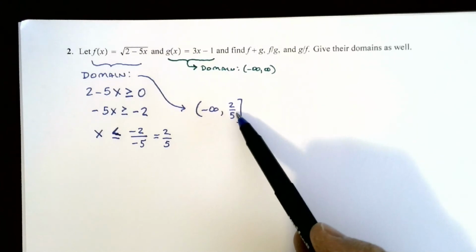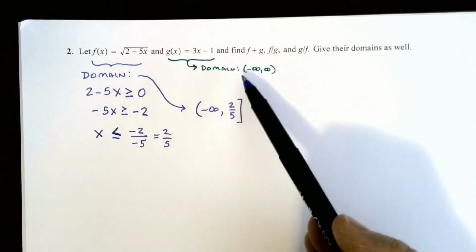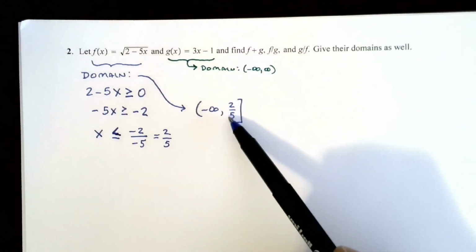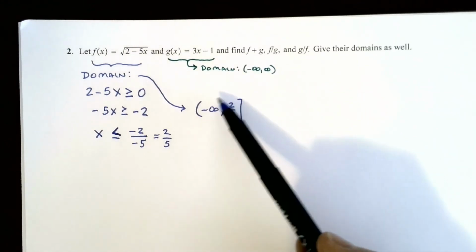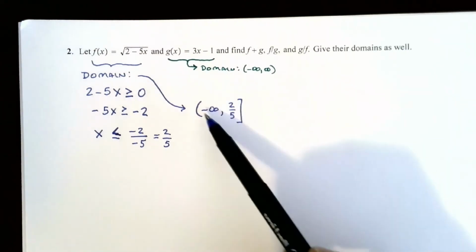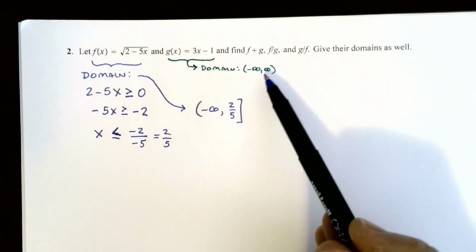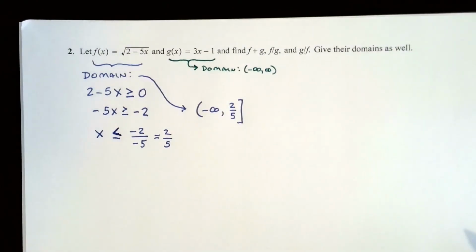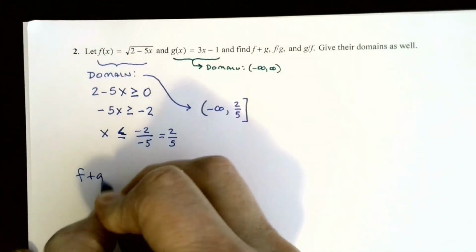Notice I can't plug in anything greater than 2/5 into both functions. I can plug it into g, but I can't plug it into f. So the intersection of these two would be the smaller one, right? This interval is a subset of the original domain of all real numbers up here.